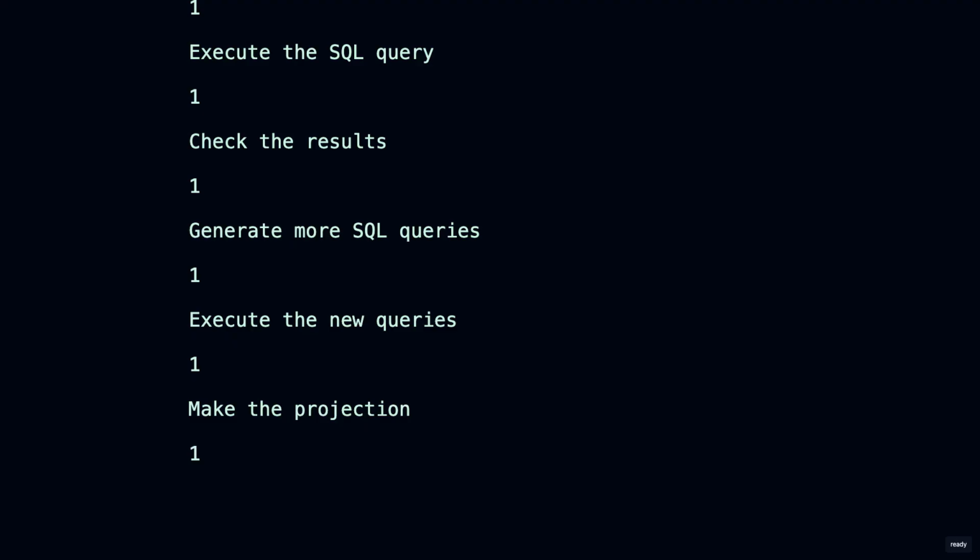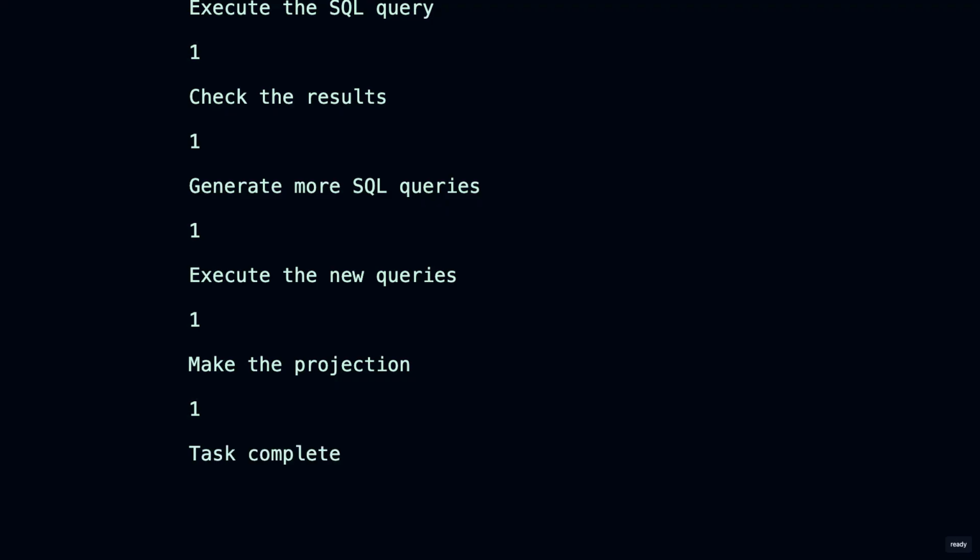The last step is to close the loop cleanly. The agent checks that the original task has been satisfied. That completion check matters because an agent should know when to stop acting.